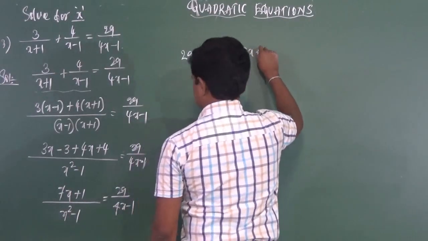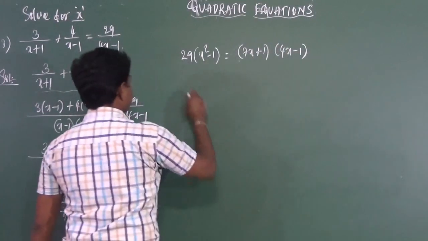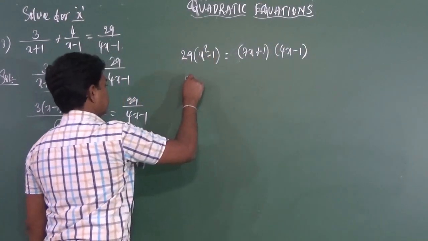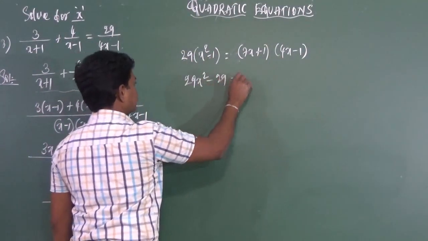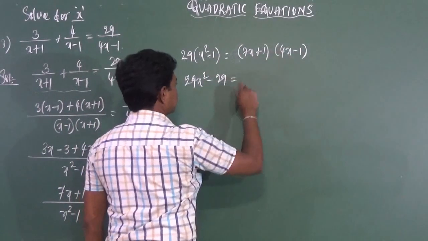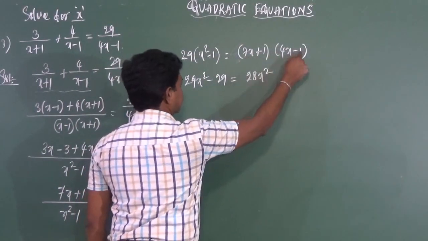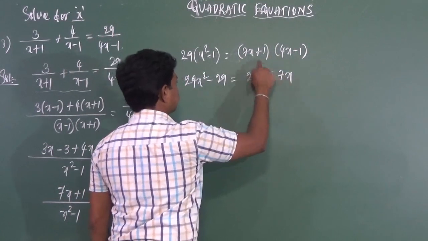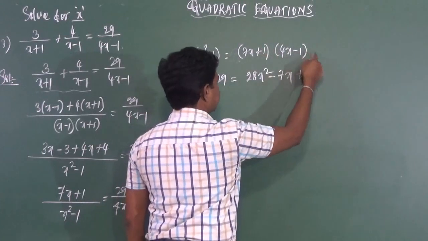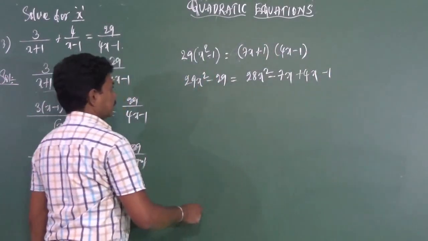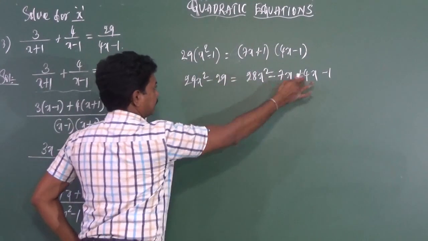Okay, so 29 into x square is 29x square. 29 into minus 1 is minus 29, is equal to 7x into 4x, 28x square. 7x into minus 1, minus 7x, plus 1 into 4x, plus 4x, plus 1 into minus 1, minus 1. Right, so we'll simplify this first.